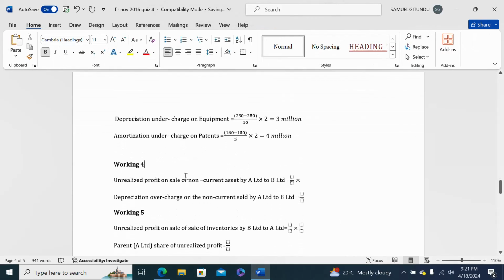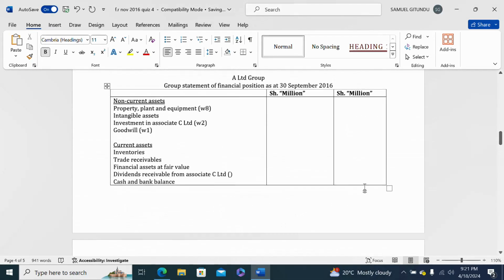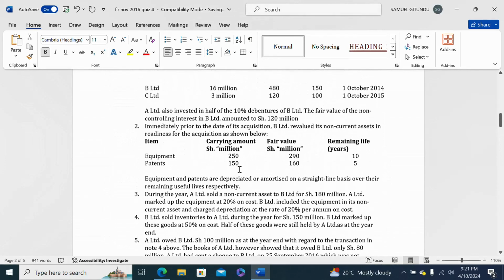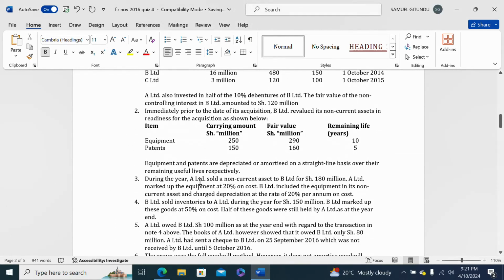Then in our working number 4, we calculate the unrealized profit on sale of non-current asset by A Limited to B Limited. In additional information number 3, you are told that during the year, A Limited sold a non-current asset to B Limited for shillings 180 million.